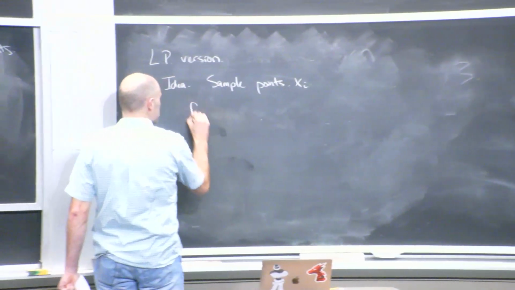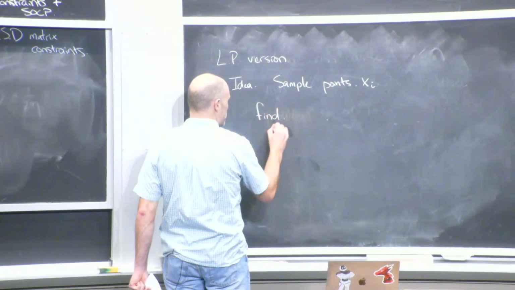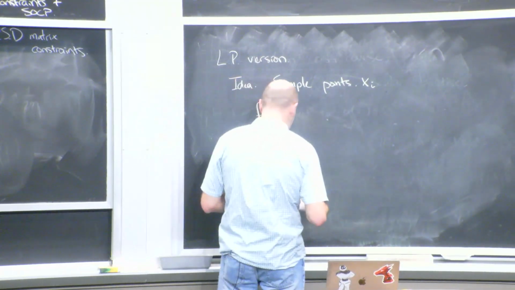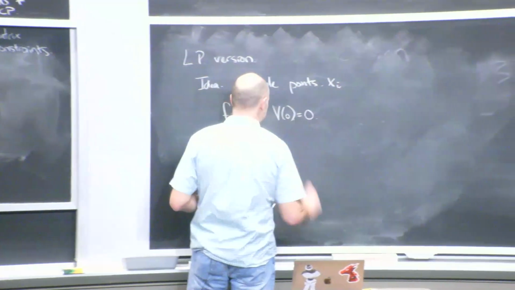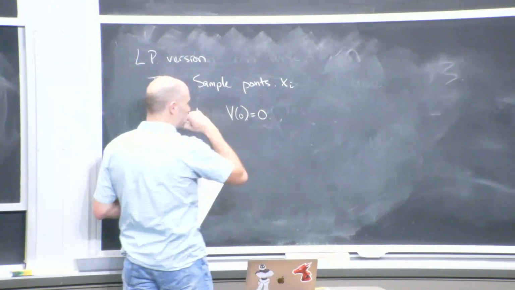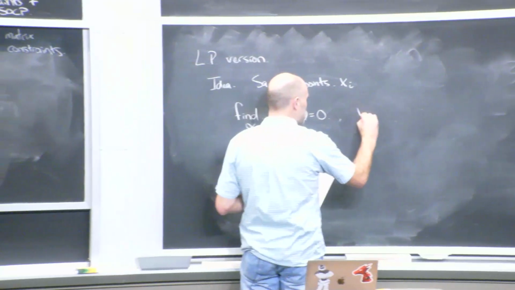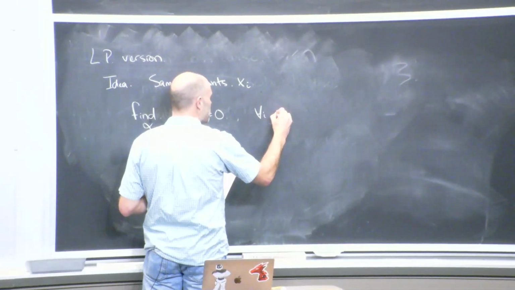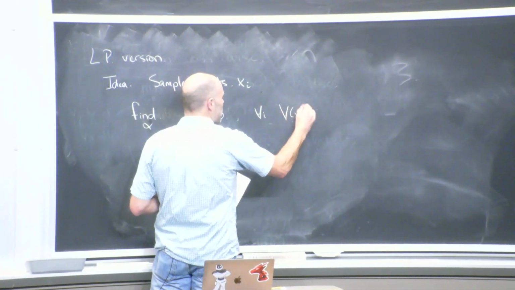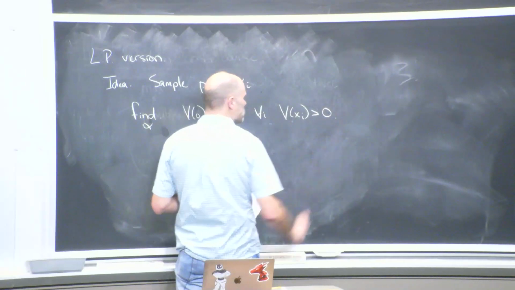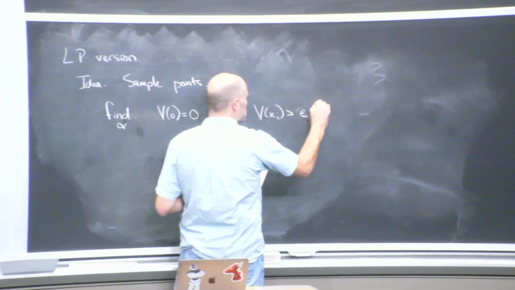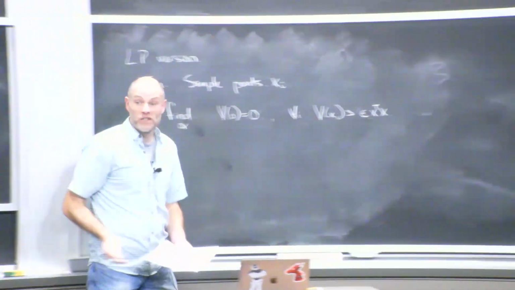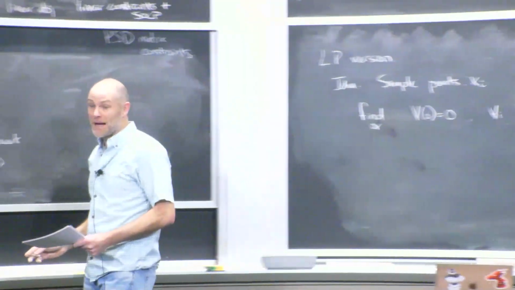So you might say, I just want to find any alpha subject to, let's make sure that V of 0 is 0, in case we were sloppy picking the xi's. And then for all xi, we'll say that V of xi is greater than 0. If we want to be fancy, we could say it's greater than something that I know is radially unbounded.